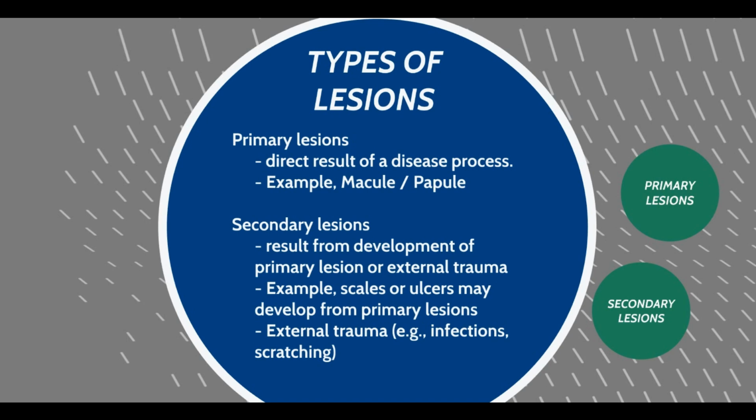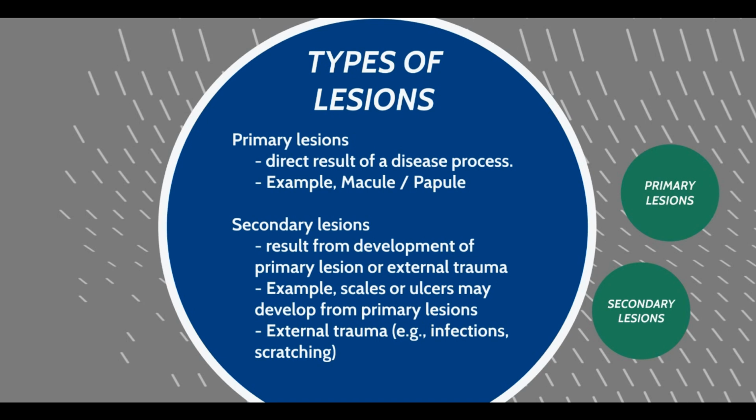So examples are scales and ulcers. These may develop from primary lesions or primary injuries. So external trauma, example, scratching. So if you're scratching and you develop scales and you develop other types of lesions, those are secondary to the initial injury itself, which is you scratching.